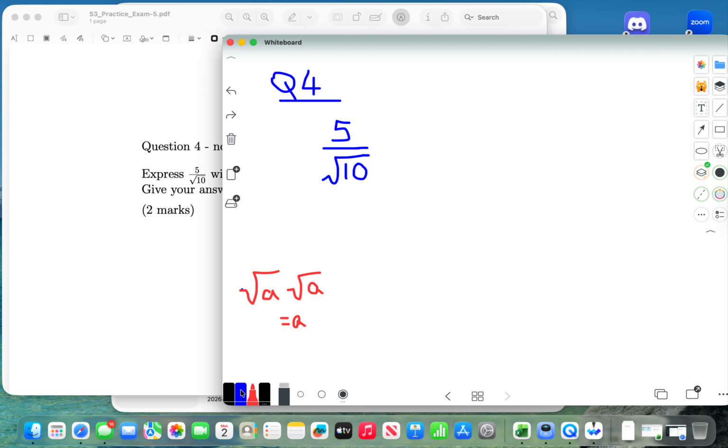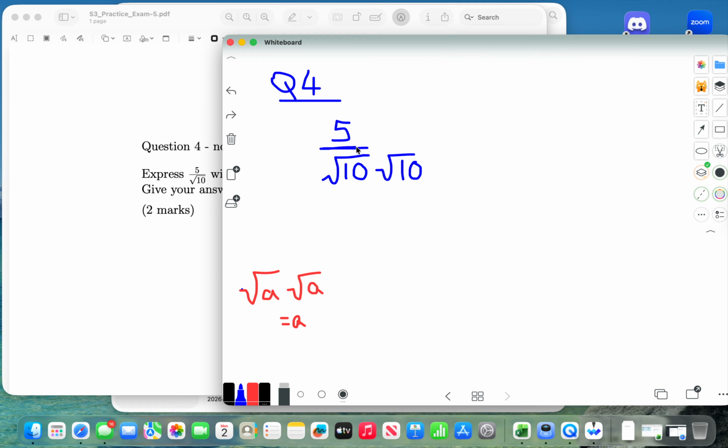Let's then apply this up here. So let's multiply the denominator by root 10 to get the denominator as just 10, which is rational.